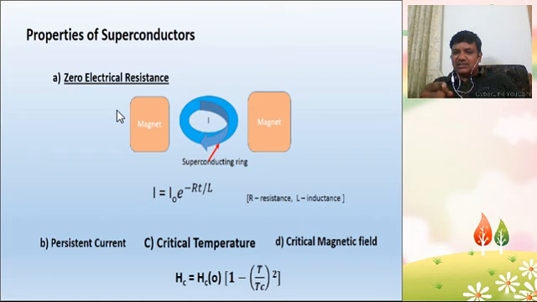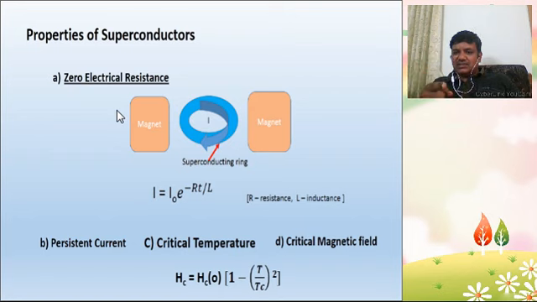In normal conductors we have electrons, and these electrons are called fermions. They obey the Fermi-Dirac statistics, and they obey Pauli's exclusion principle.